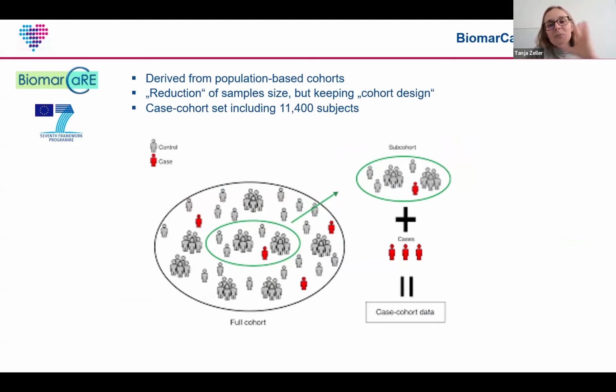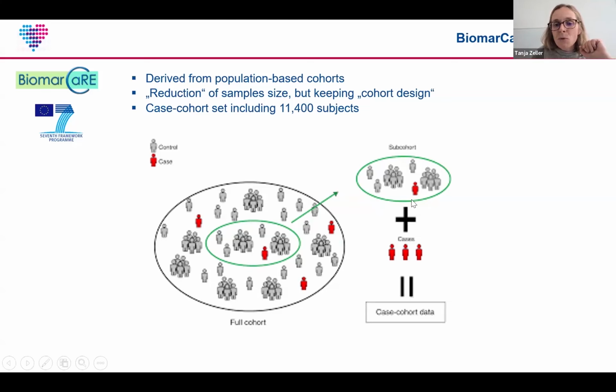And that's why within BiomarCaRE, we initiated a case-cohort setting. And case-cohort is not case-control, but you use a cohort design, where you, let's say, gather all the different cases that you would like to have, and you add, let's say, kind of a control, but it's not a control, it represents the cohort itself.